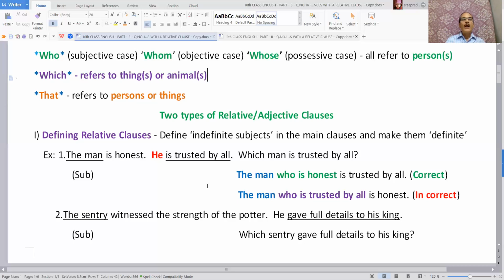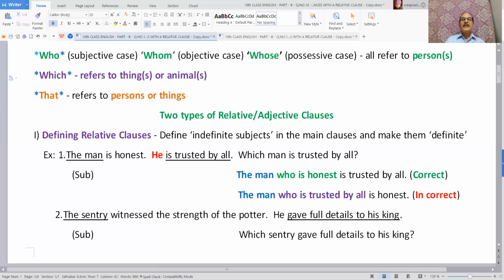So if we have to combine these two sentences, we have to say like this: the man who is honest is trusted by all. If you delete who is honest, the sentence remains meaningless, because if I say the man is trusted by all, you will immediately ask me who the man is, what is his identity.